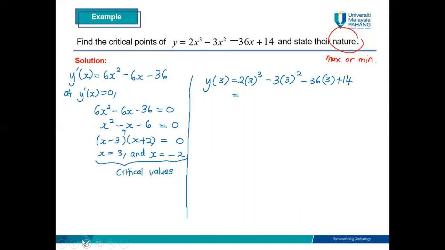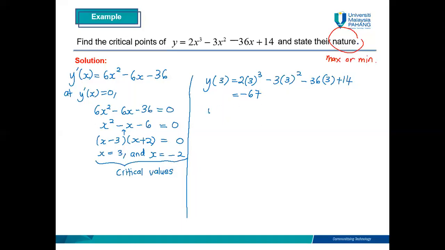Dapat berapa? You got 27 times 2 minus 27, minus 36 times 3 plus 14. So you got negative 67.